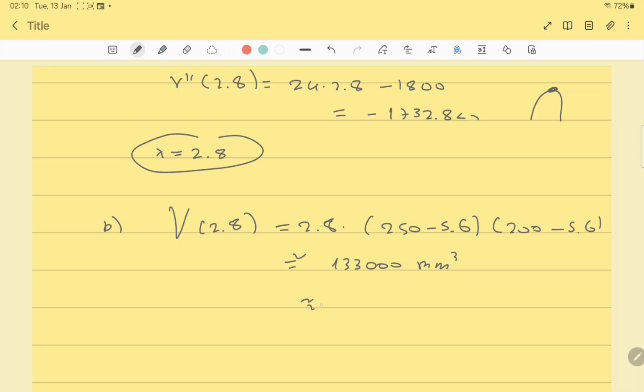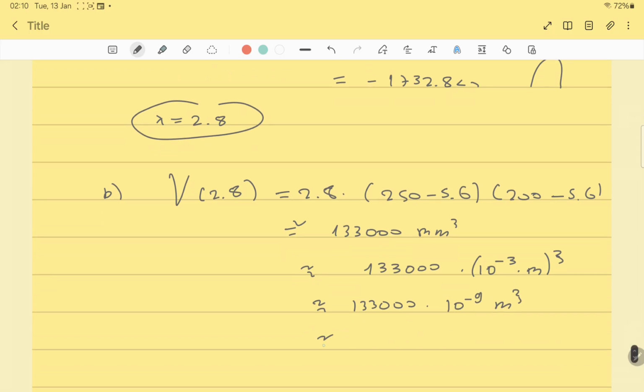You can turn this into meter cubed, so it's going to be 133,000 times 10 to the power of minus 3 meters, and that is going to be to the power of 3. That's going to be 10 to the power of minus 9 cubic meters.